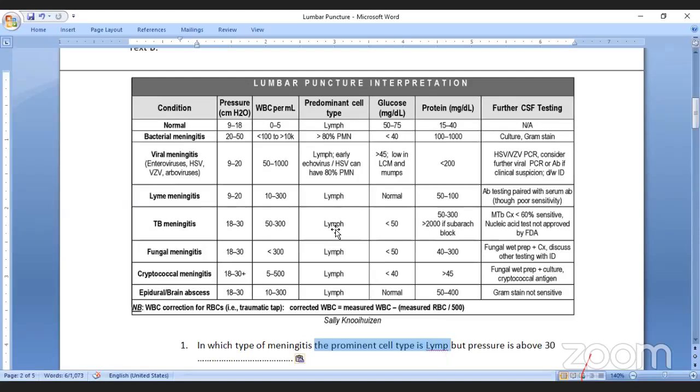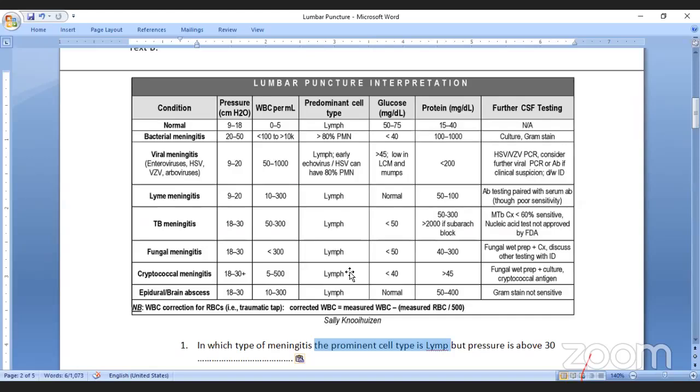Maybe lymph is only in one option, but here lymph is written in all the columns except the first one. So you cannot differentiate which type of meningitis it is, because most of them have lymph as the prominent cell type.